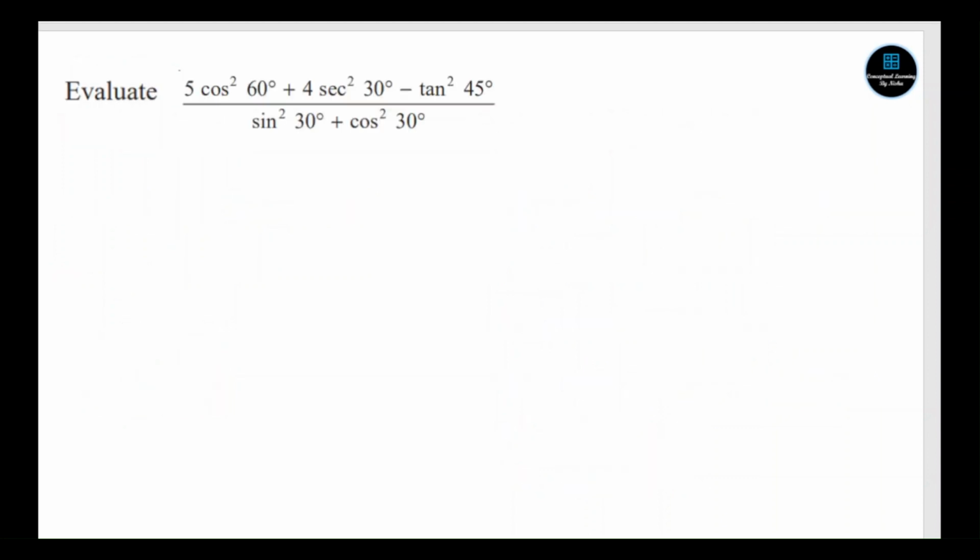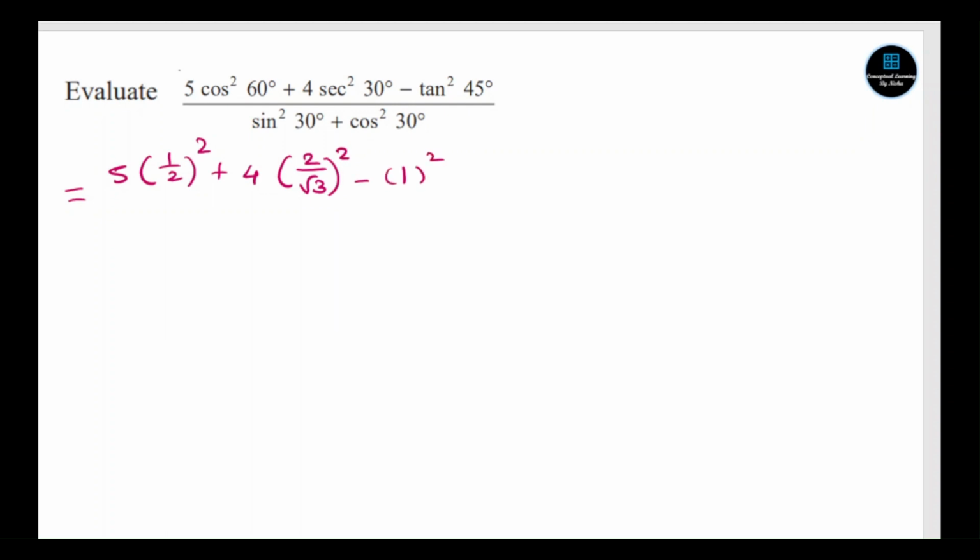Perfect. Alright. Now here we have to evaluate the value of the expression which is given here. Alright. So let's simplify this. So what I'll do, I'll just write the values of each of them. So 5 cos 60 is 1/2, so (1/2) square plus 4 times sec 30. So it is (2/√3) square minus tan square 45.